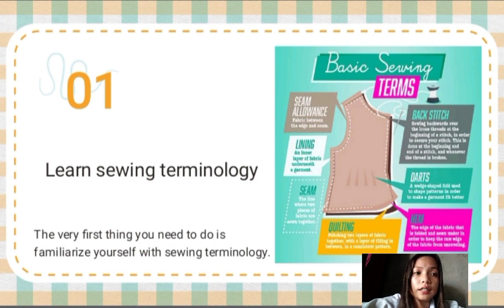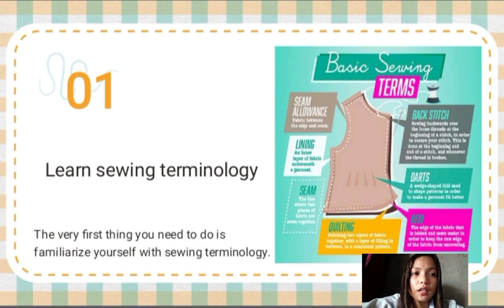Next is quilting, stitching two layers of fabric together with a layer of filling in between in a consistent pattern. Next is hem, the edge of the fabric that is folded and sewn under in order to keep the raw edge of the fabric from unraveling.